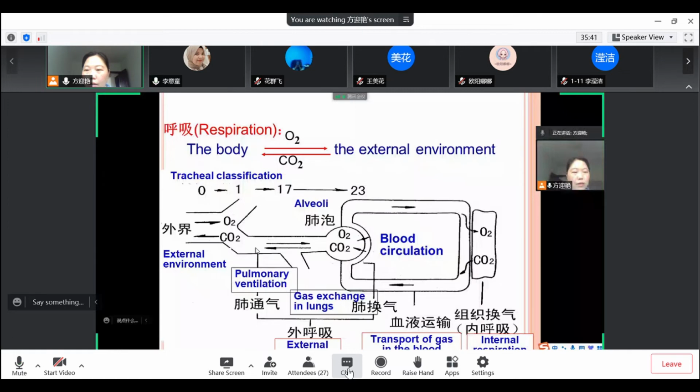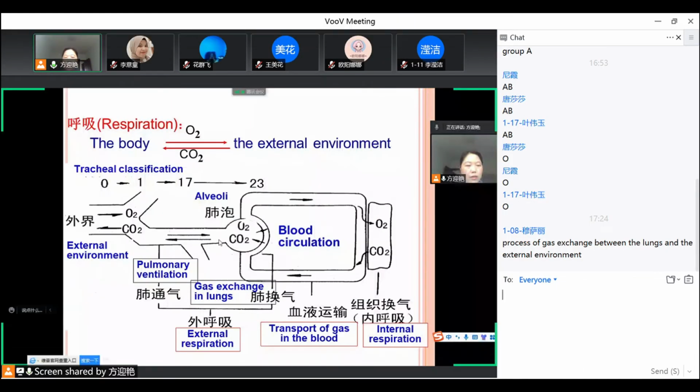Into the body. The gas moving. Do you understand here?